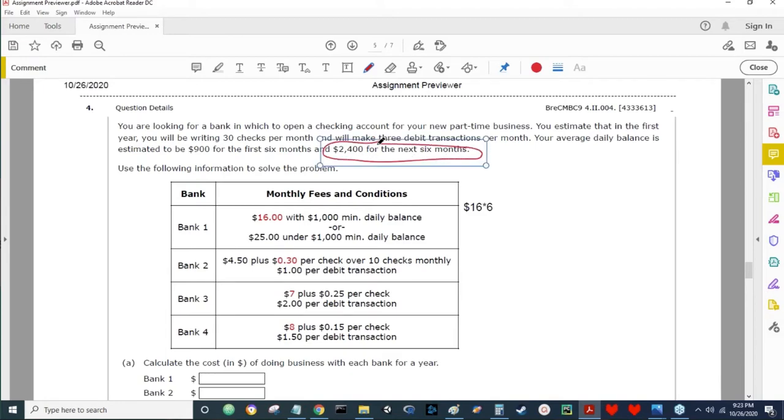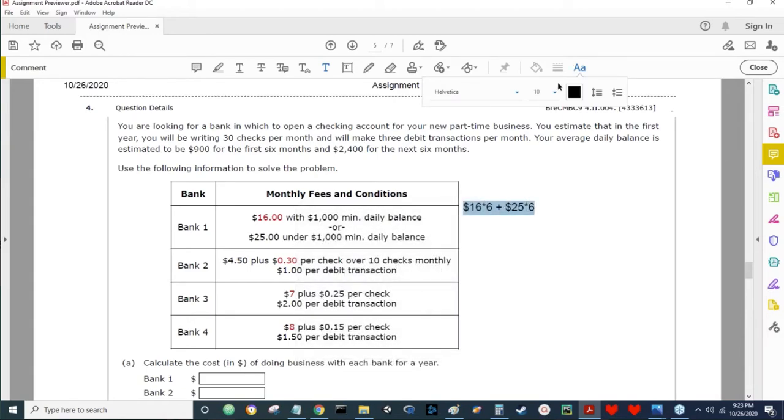We've got that minimum for 6 months. We're above the $1,000 minimum. But then we get charged $25 for the other 6 months. I think that's all the charges for Bank One.